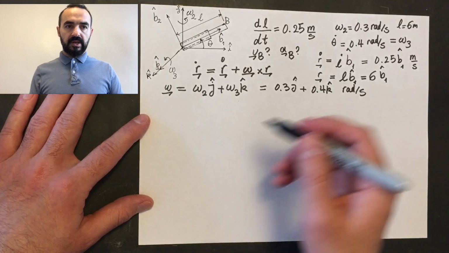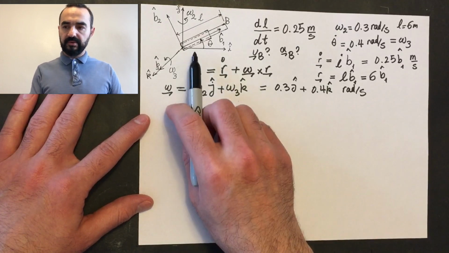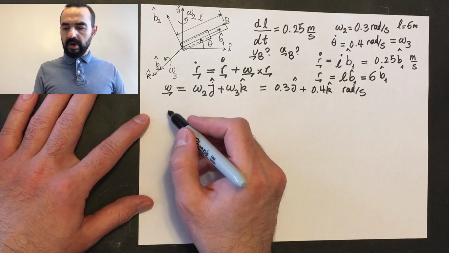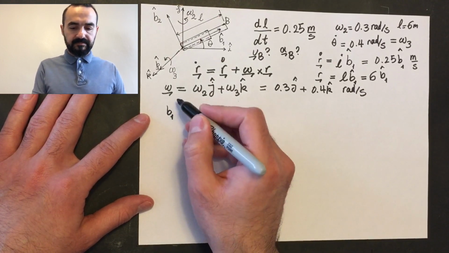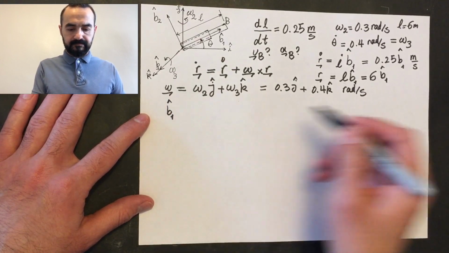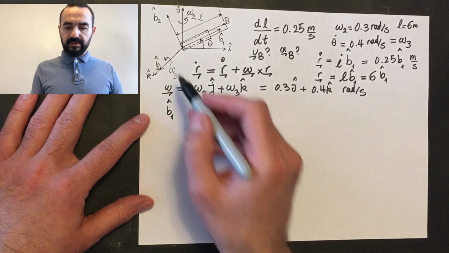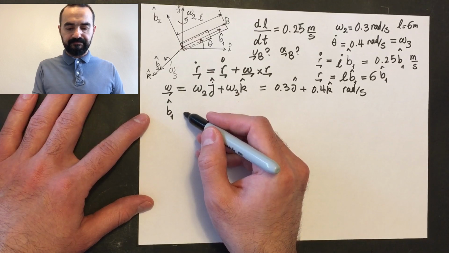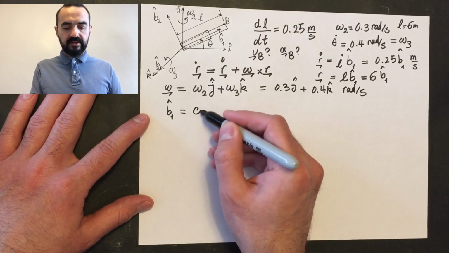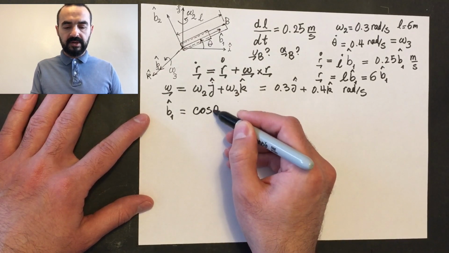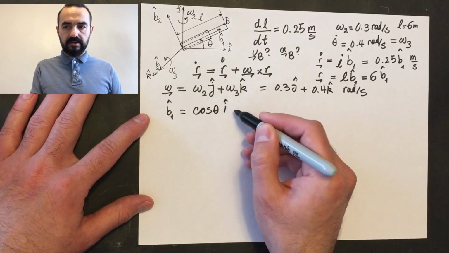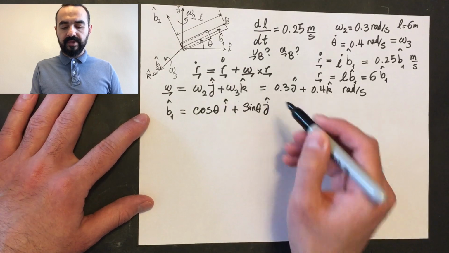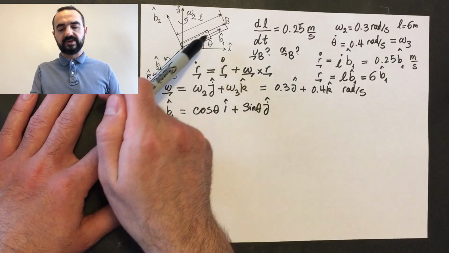If you look at this figure, my B1 hat, and theta is also given. Theta is 30 degrees. So B1 hat is equal to cosine theta I hat plus sine theta j hat. That's pretty straightforward.